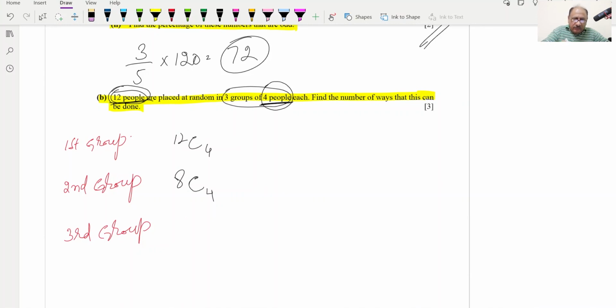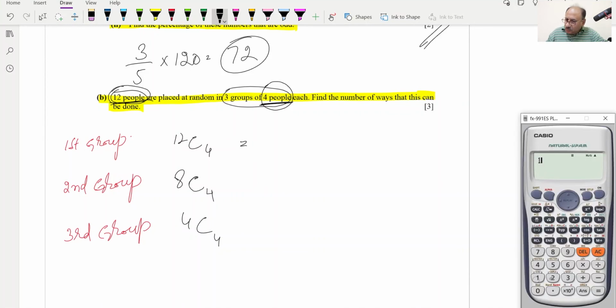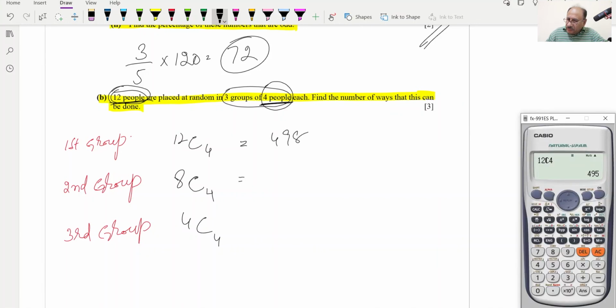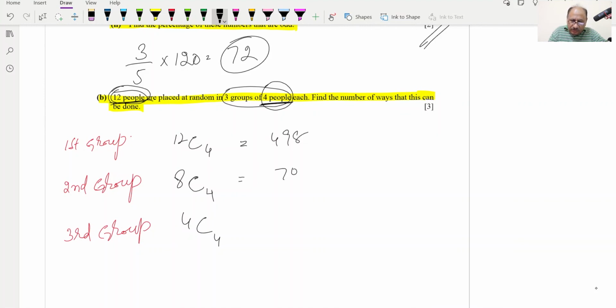So we can write 4C4, and now we can find these values. 12C4 will be equal to 495. So we can write 495, and 8 choose 4 will be 70. So we can write here 70, and 4 choose 4 will be 1.